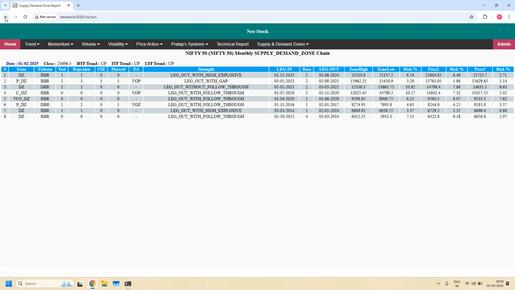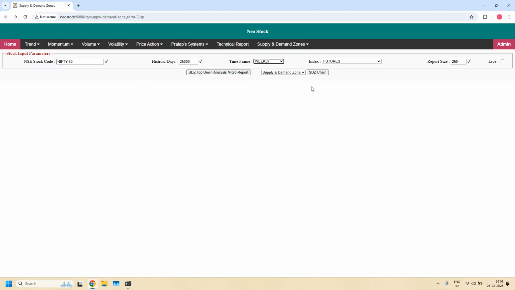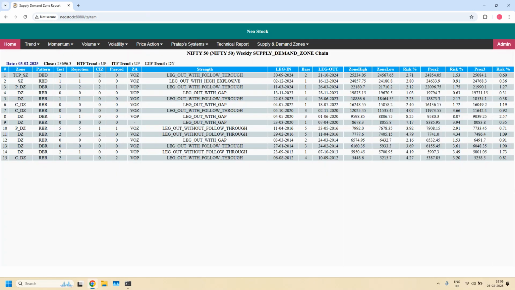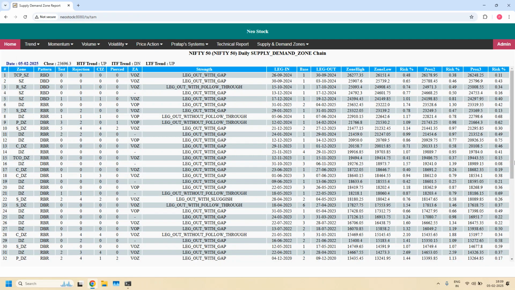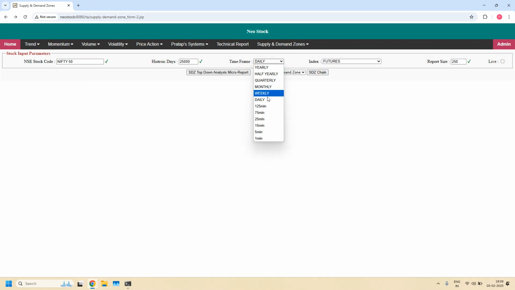Okay, next. Weekly supply demand zone chain for Nifty. Next, daily supply demand zone chain for Nifty. Next, 125 minutes supply demand zone chain for Nifty.